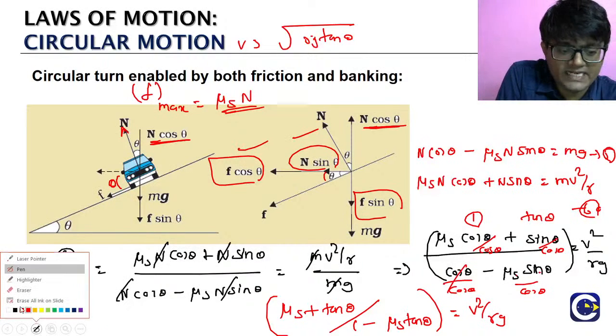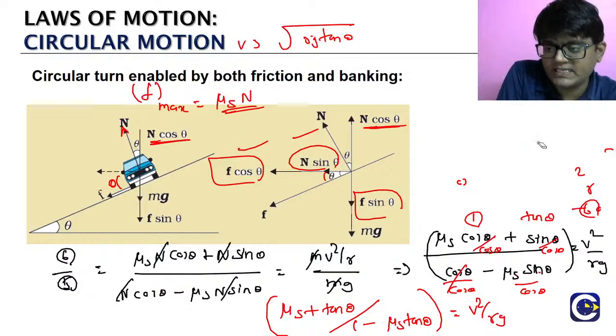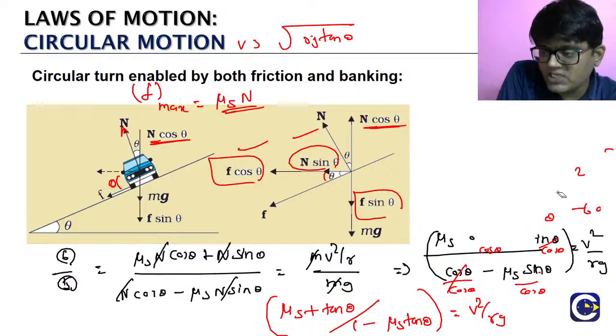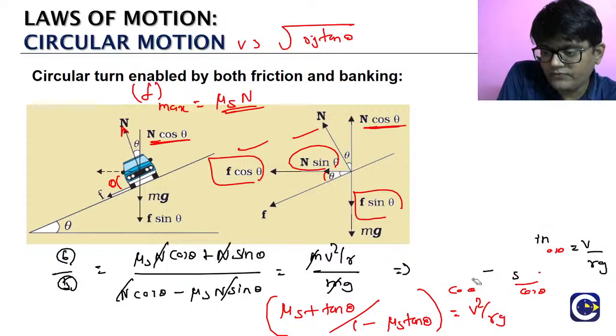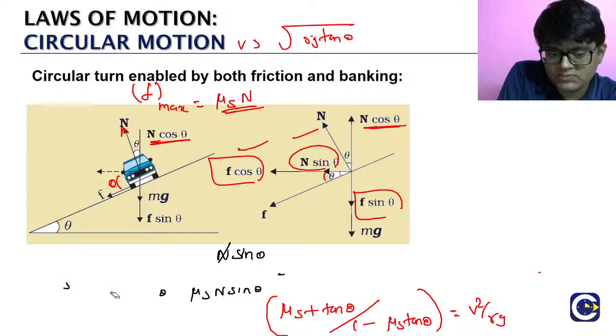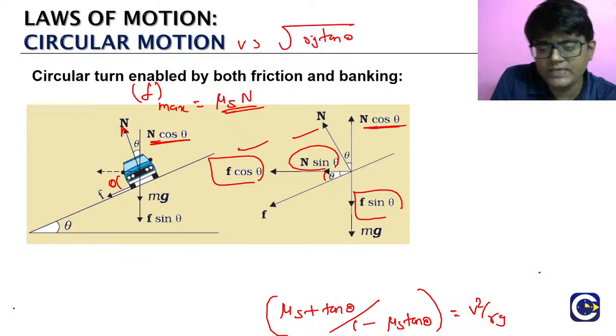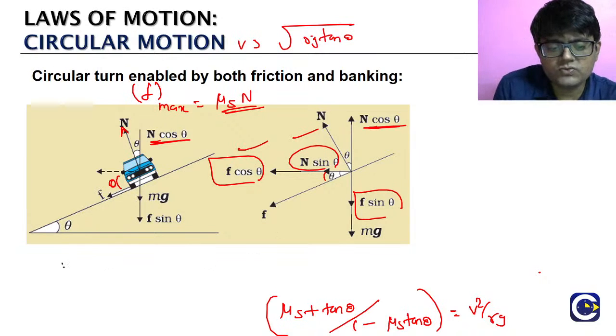அப்படியே the rg, left side லே, we are going to get this rg value to the left side. So the value of v square will be rg into mu s plus tan theta divided by 1 minus mu s into tan theta.